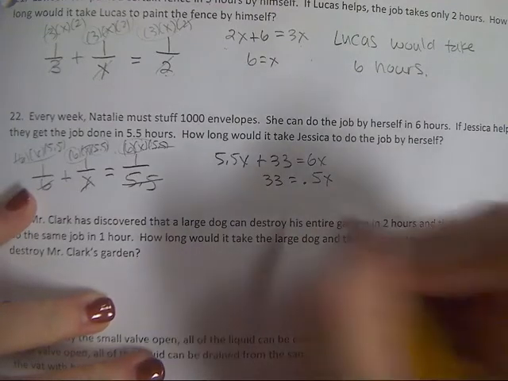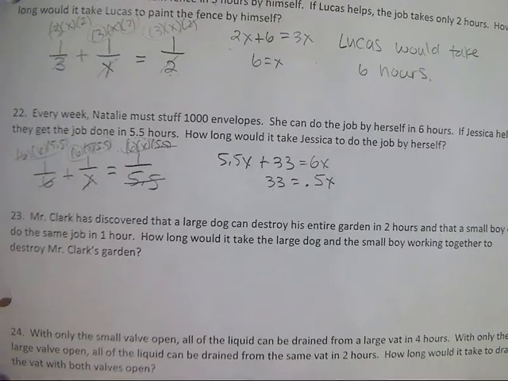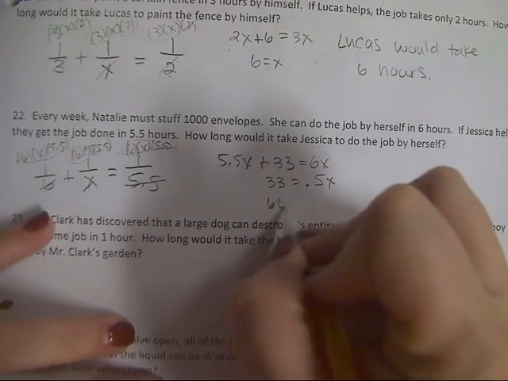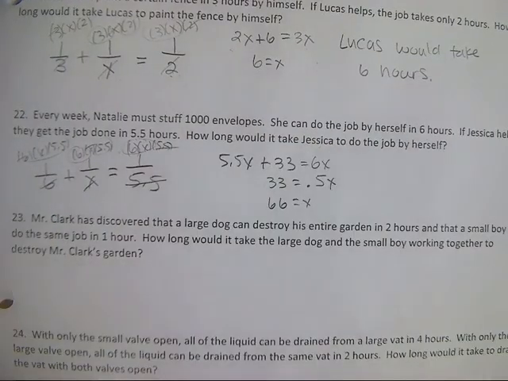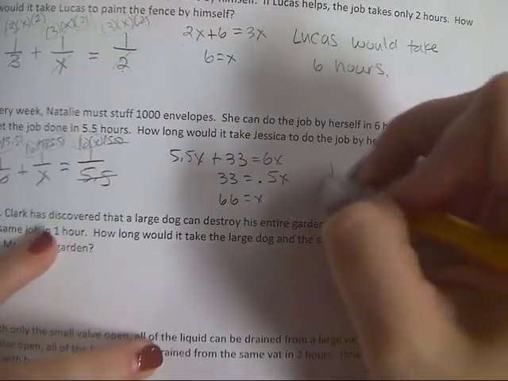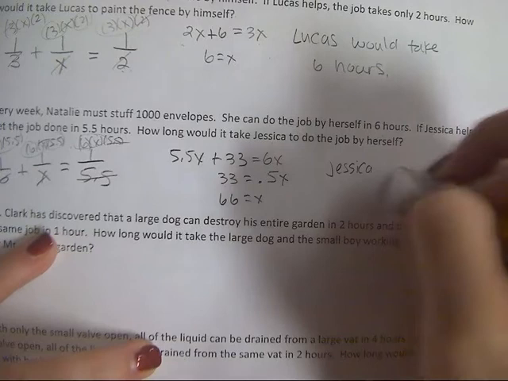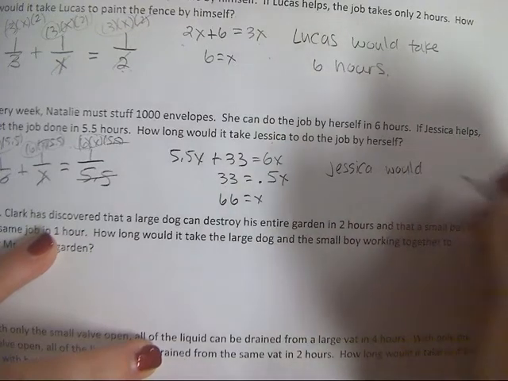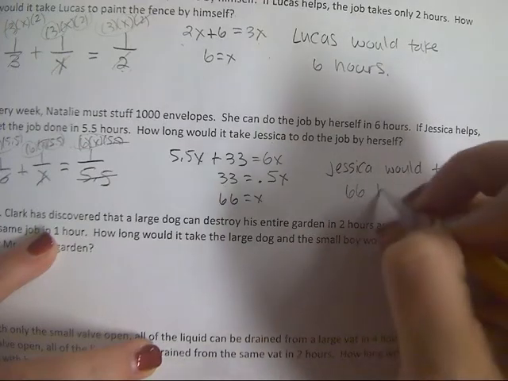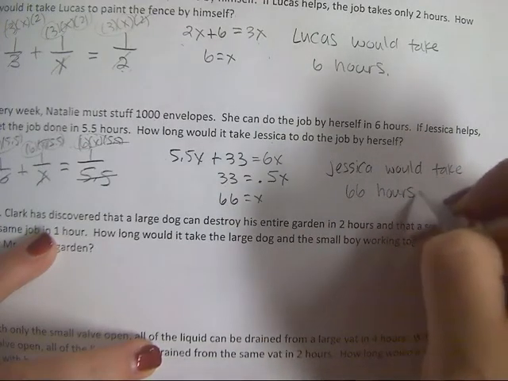Then we're going to divide 33 by 0.5, and we get 66. Oh my goodness. Okay, so Jessica, I'm going to need you to work on this, honey. If Jessica stuffed the envelopes by herself, it would take 66 hours. Jessica does not need to do this job. That's crazy.